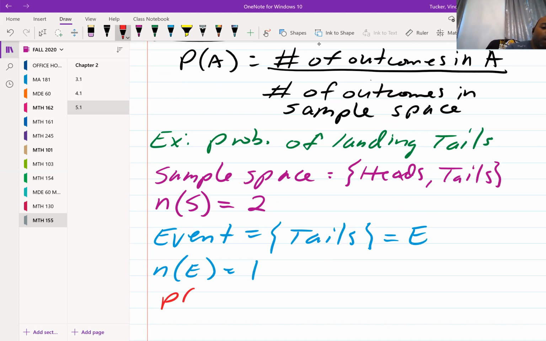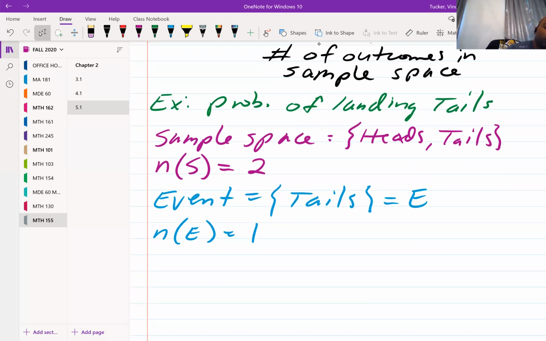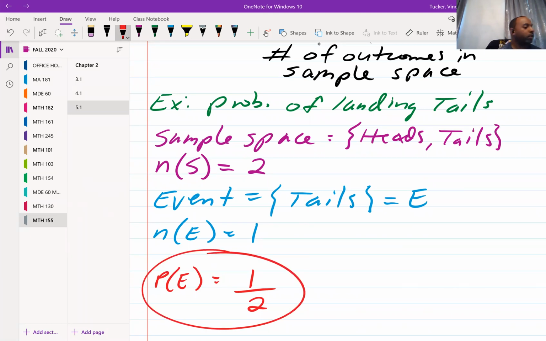So now we're looking at the probability of that event E. You take the number of outcomes in your event, which is 1, place it over the number of outcomes in your sample space, which is 2. And that's how you calculate probability. So that's the foundation of what we'll be doing.